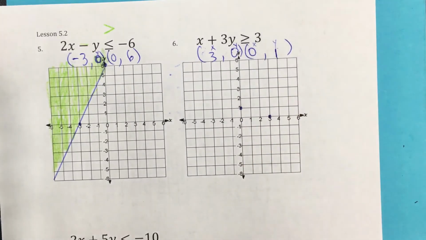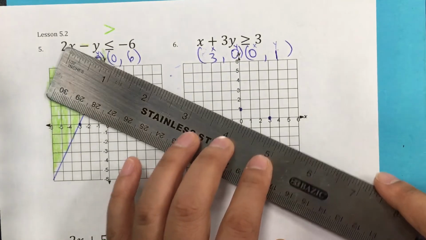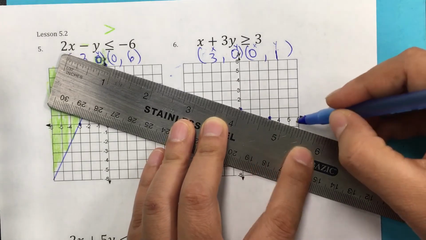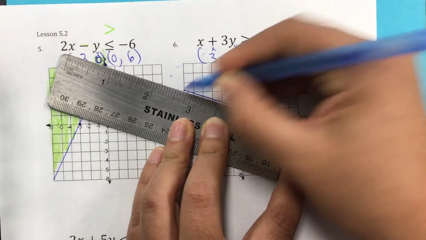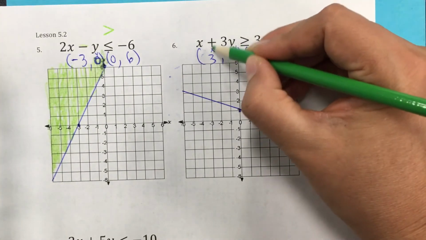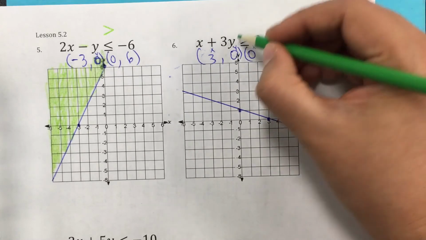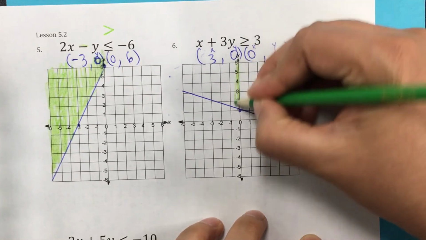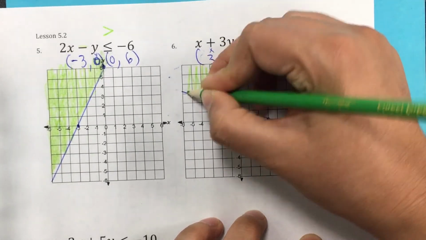It has the equal sign, so the line is, start thinking about it. Yeah, it's solid. Okay, and the shade is going to go. Since the y has a positive coefficient, we respect this, which says greater, and greater means above the line.